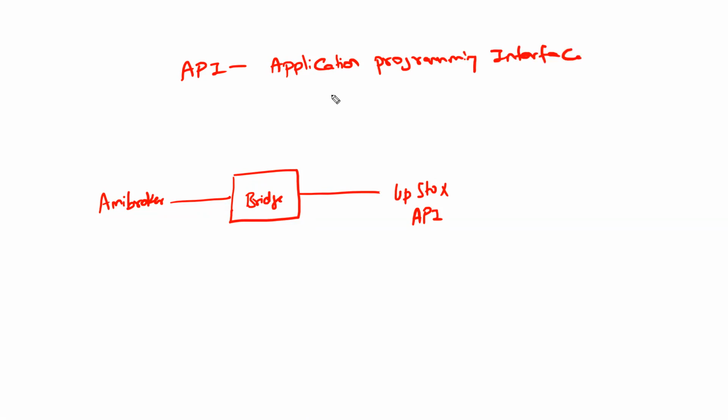So basically, it's a software layer, so you don't get to see that. It's more of a software communication layer. Basically, most of the trading platforms these days use the API to communicate from one application to another application.